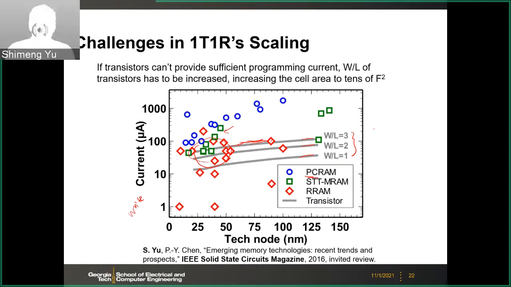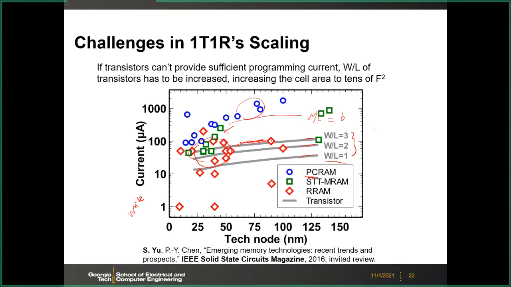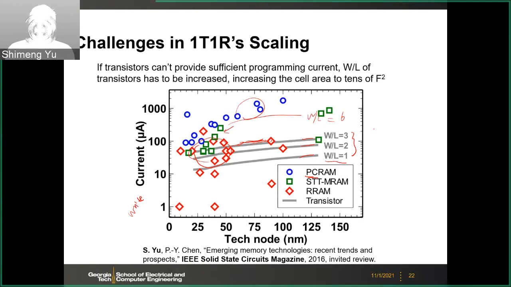Therefore, you cannot use the minimal transistor, which is W over L equals 1, to drive the 1T1R. For those cells, you may need a W over L of, for example, 6. So that means the cell area is limited by the W over L. If you think about the layout of the transistor, here you have the source line contact, the bit line contact at the drain side, and the resistor is integrated here.